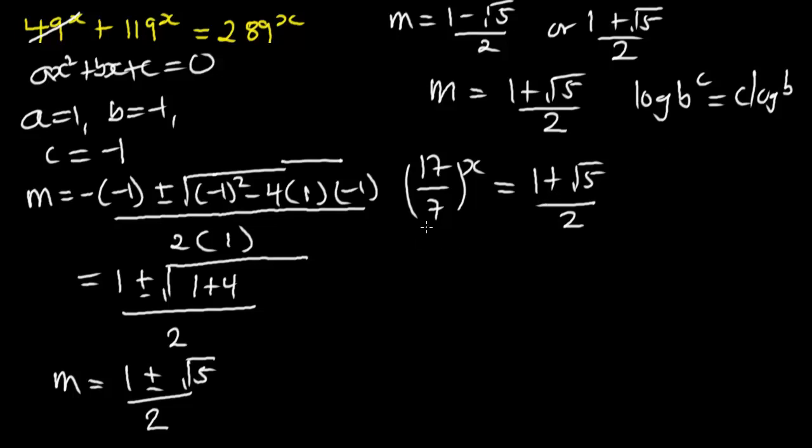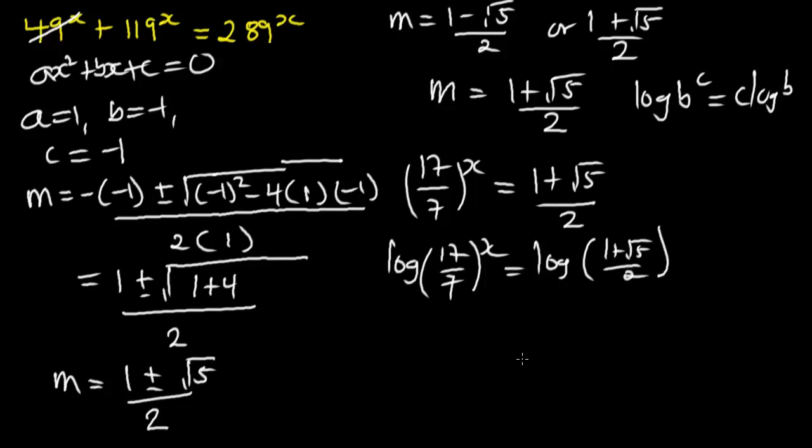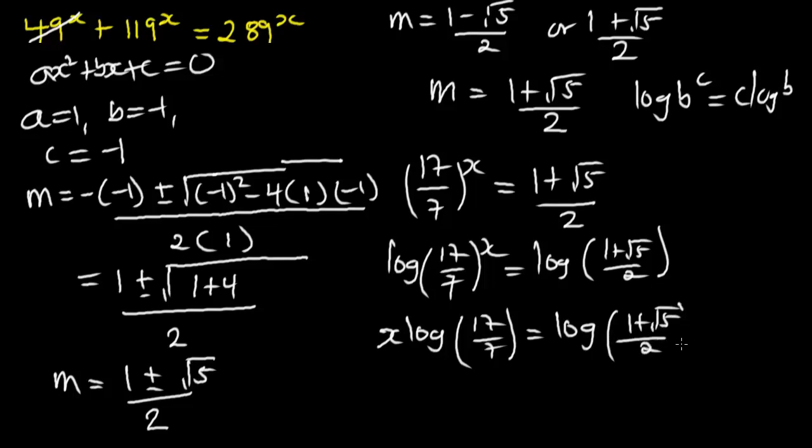So applying logarithm to both sides, we are going to have log of (17 over 7) all exponent x is equal to the log of 1 plus the square root of 5 all over 2. So from here, using this property, we are going to have x multiplying log of 17 over 7 is equal to log of 1 plus root 5 all over 2.